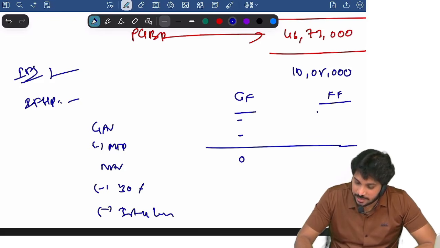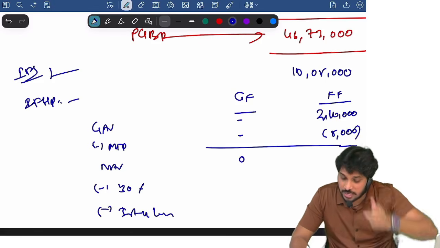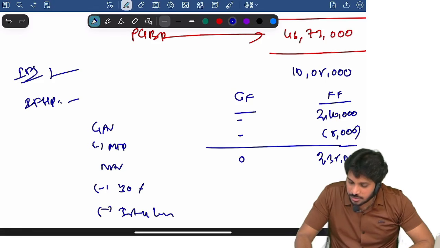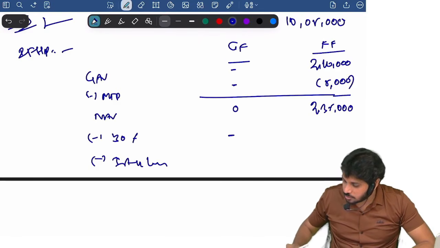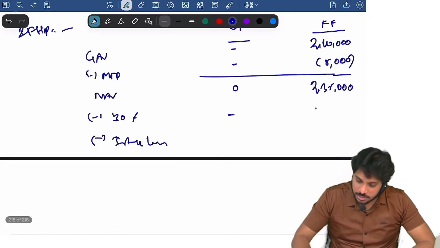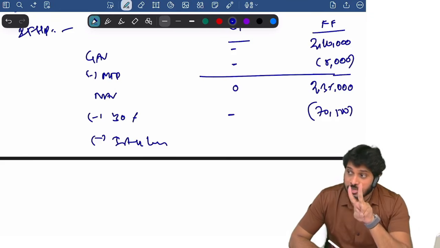First floor was rented at 40,000 per month, 2,40,000. And municipal taxes paid is 10,000 for both the floors put together. For the first floor, I will claim 5,000. 2,35,000 I will claim. And if you remember, 30% standard deduction applies. 2,35,000 into 30%. How much is that? 70,500. Correct?